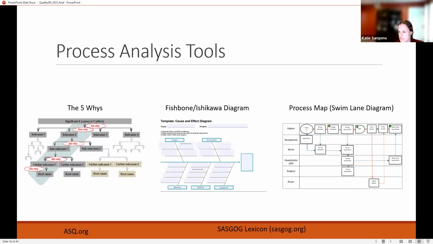There's the 5 whys, which is somewhat similar in a different visual, kind of trying to get to a root cause from different sub-causes. And then there's process mapping.